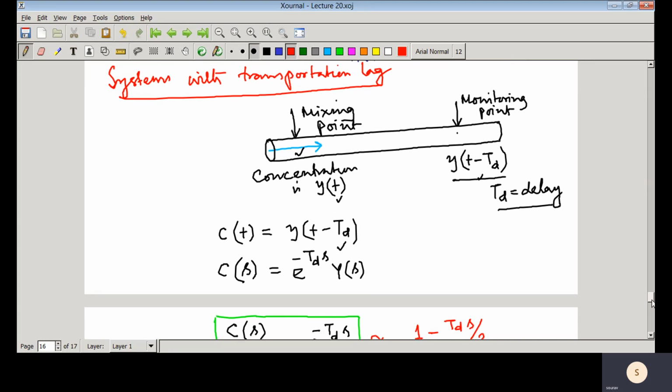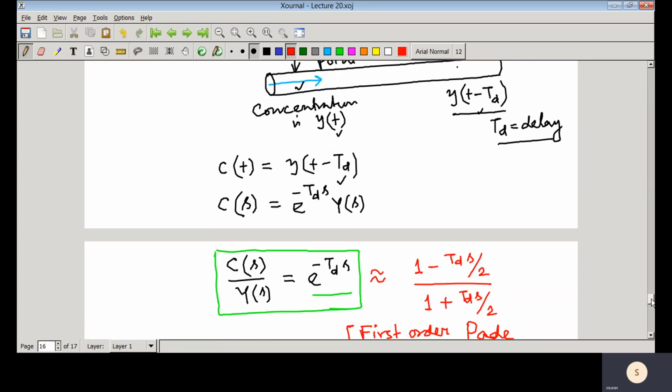We have seen that whenever there is a transportation lag, we can model it by one exponential term, e to the power minus Td s in the s domain, and in the time domain that is y(t - Td). And e to the power minus Td s is actually one infinite dimensional expression, that is 1 minus Td s plus (Td s) square by factorial 2, like that.